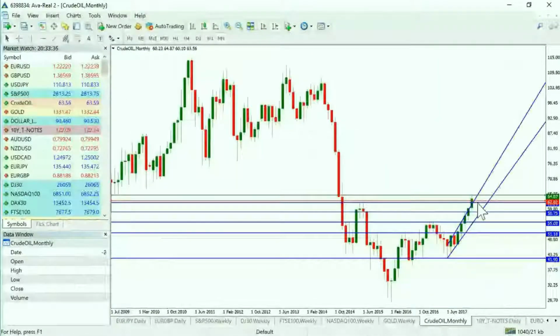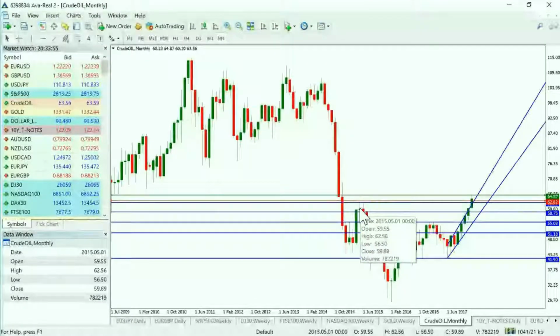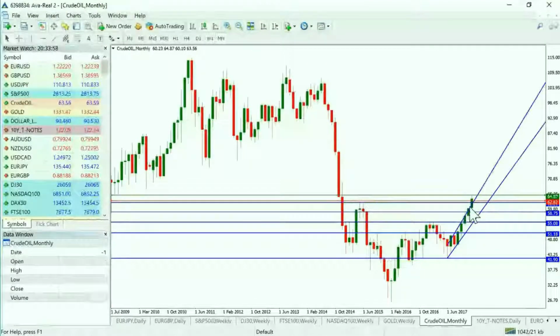On a monthly time frame, you can just see we've had 5 months now of bullish price action, which is why it's very important to recognize we've had a close above the 62.56 level, so the $62.50 level. We've had a clearly defined break above that.